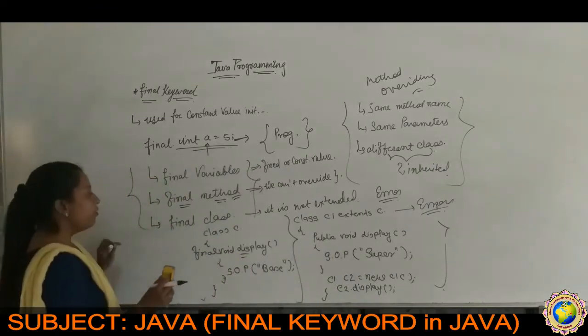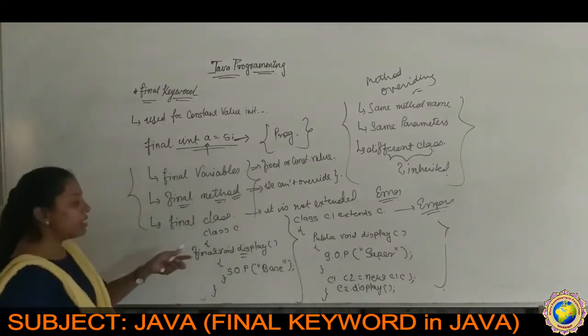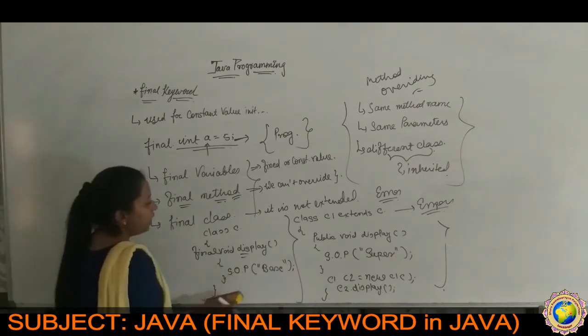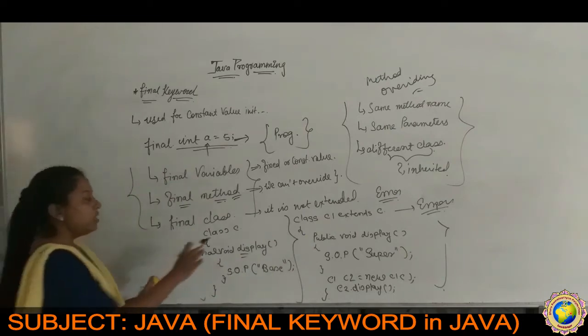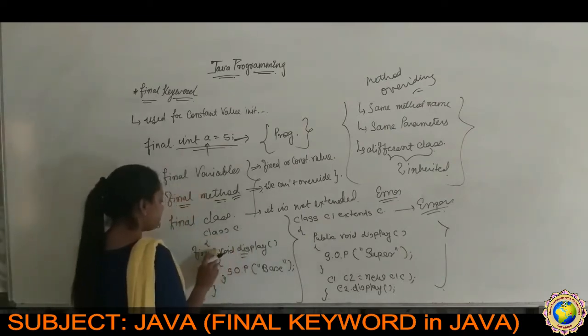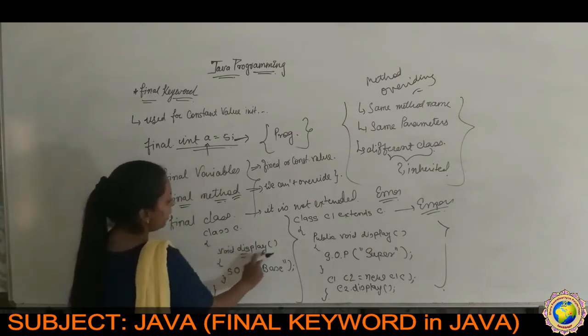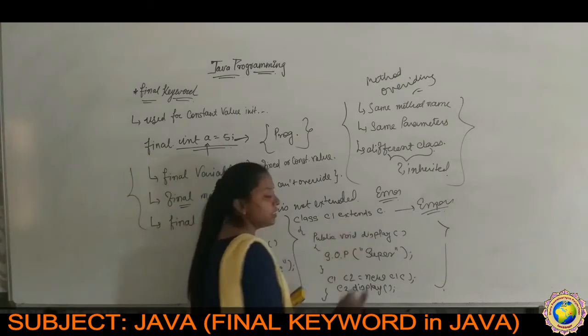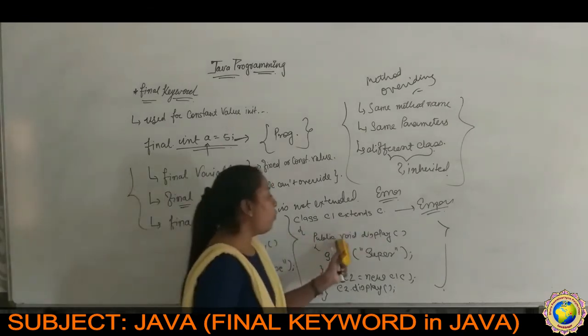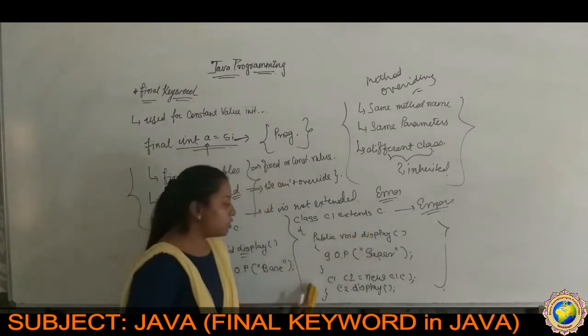Let's see what's about the final class. The same program we can consider over here. See class C. Suppose we are putting the final here. Class C void display, and class C1 extends C, and public void display, and this is all.